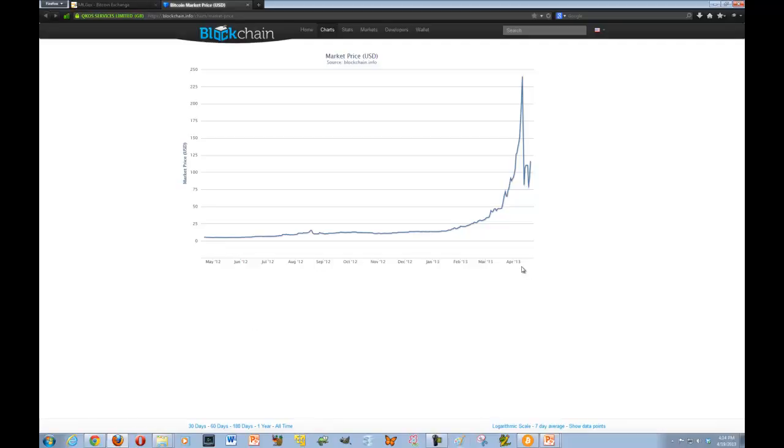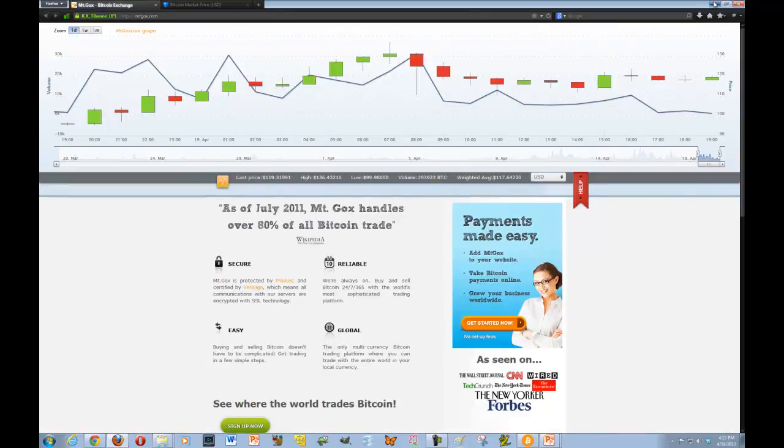And you can see in April and March and February, this is when we saw a massive price increase from about $14 per Bitcoin all the way up to roughly around 266 at its top point. And then it went down, had a dead cat bounce, and went back up to today's price of 120, give or take.